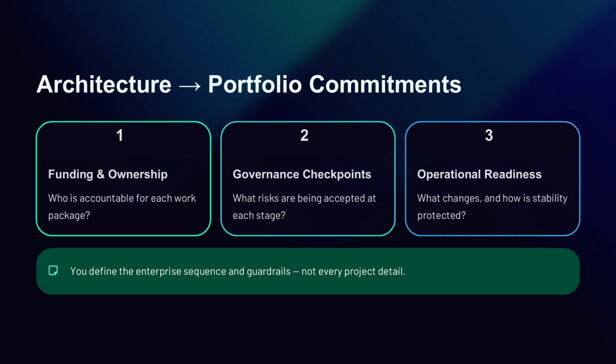Delivery leaders must know dependencies, integration requirements, and operational readiness expectations. Operations leaders must know what will change and how stability will be protected. This is where you move from architecture roadmap to enterprise delivery plan. You are not managing every project, but you are defining the enterprise sequence and the guardrails that keep delivery aligned to target direction.